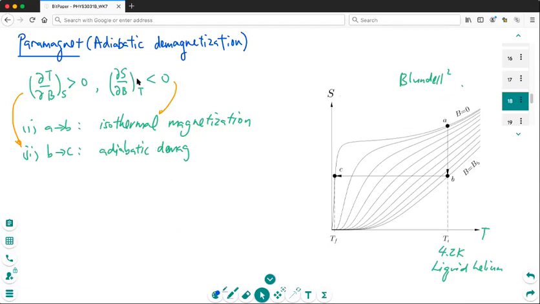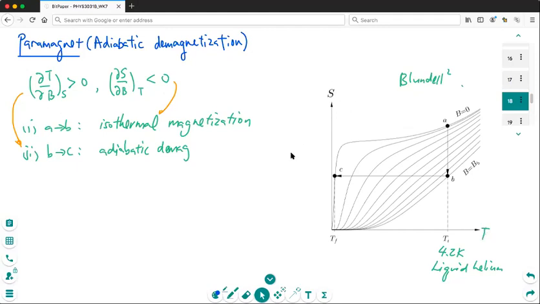Last time we developed a few partial derivatives, and I told you the meaning of those. If you want to achieve cooling, this is something you want to have. So these two partial derivatives are the key ones that you should understand. And this is a more realistic picture showing the entropy as a function of temperature.